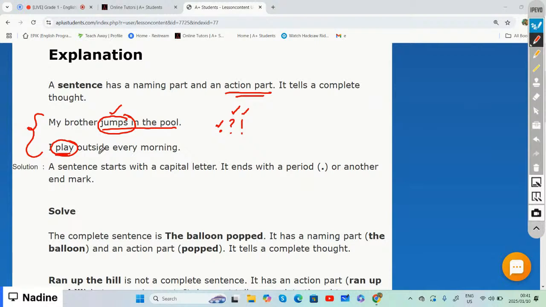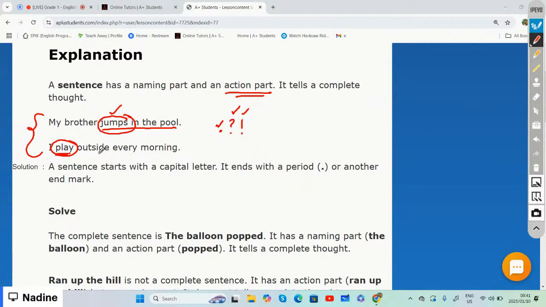Or if it has a naming part but doesn't have an action part, then it's also not a completed sentence. So a sentence needs to have a naming part and an action part in order to show a complete thought, right? Once again, the naming part is either the person or animal or thing that is doing the action.